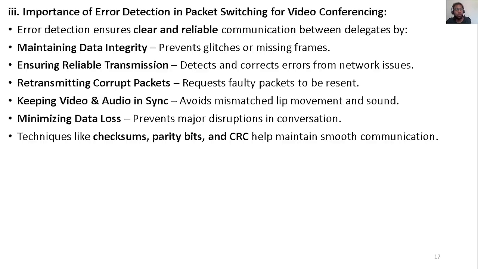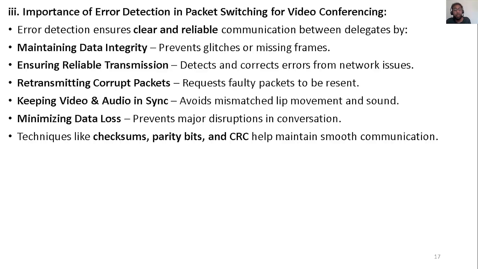Basically, this is the importance of error detection. It helps in maintaining data integrity, preventing glitches and missing frames. It ensures reliable transmission, retransmitting corrupt packets, keeping video and audio in synchronization, and avoiding mismatched lip movement. Minimizing data loss prevents major disruptions in the conversation.